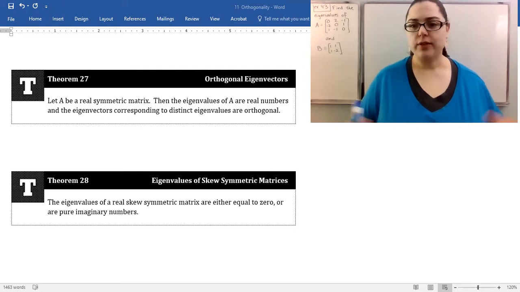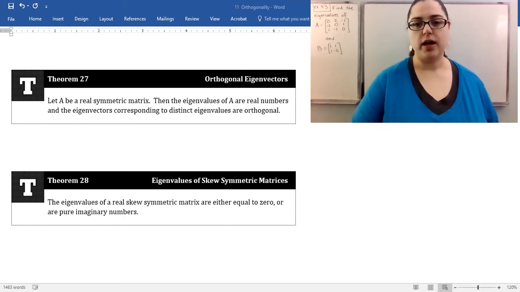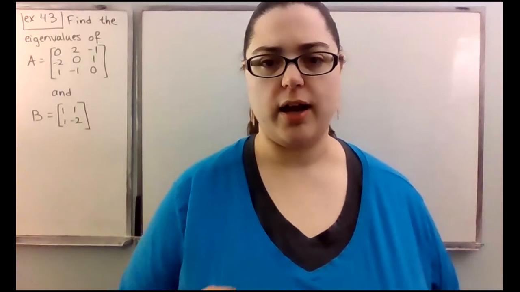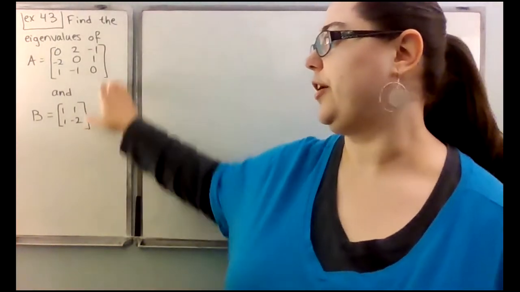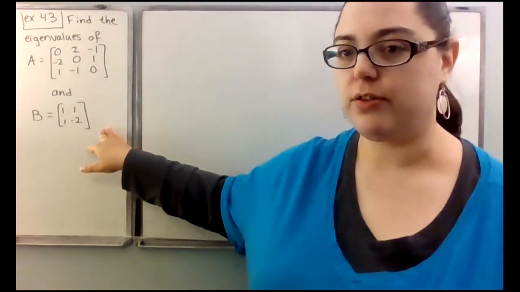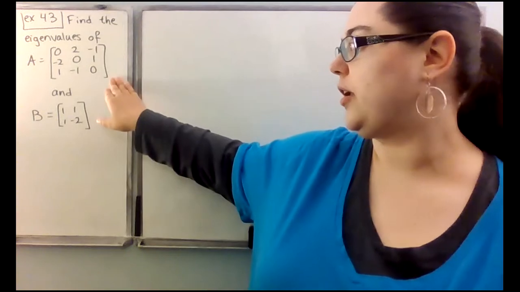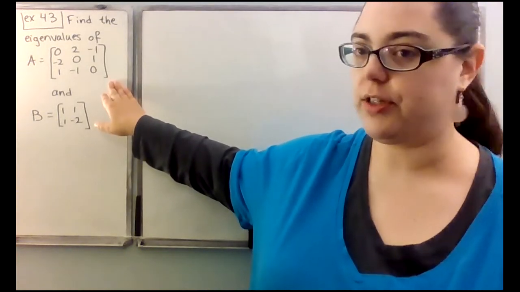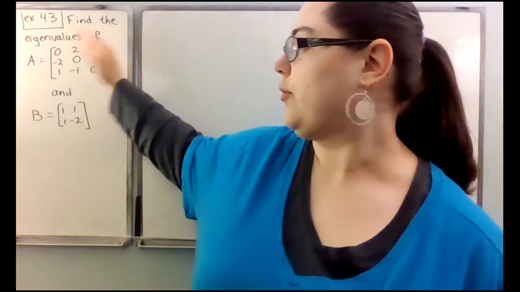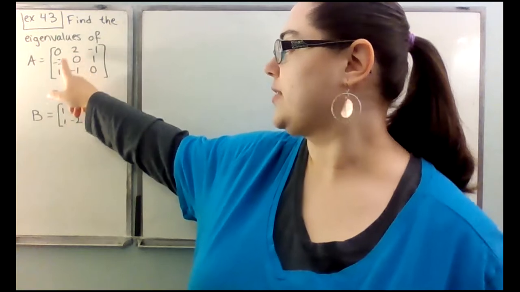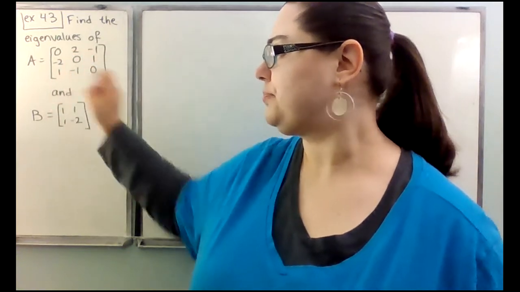So let's do an example together on the board of practicing this. We've got two matrices over here that we're going to find the eigenvalues for. The first one is a skew symmetric matrix, right? If we reflect across the main diagonal, we get the same value, just opposite signs.